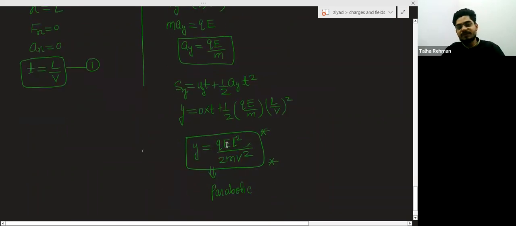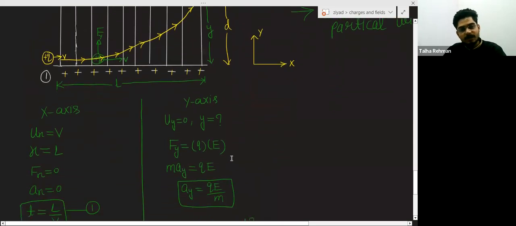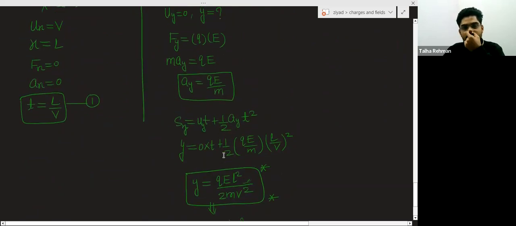The charge is constant, the electric field is constant, this length is constant, and the mass is constant. This is the initial velocity, this is mass, this is charge, this is E. Actually, there should be the term of time.